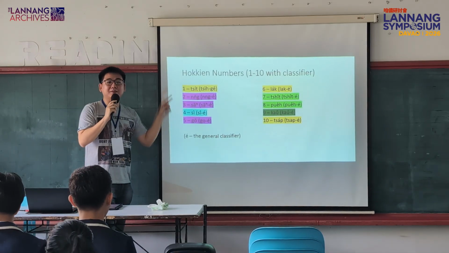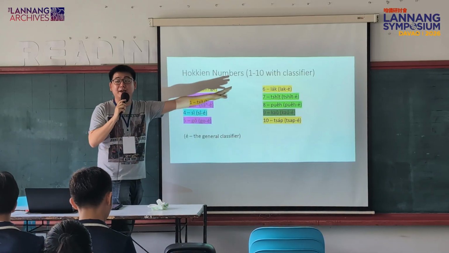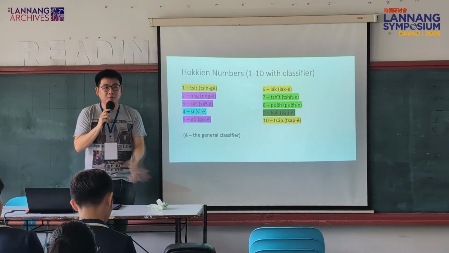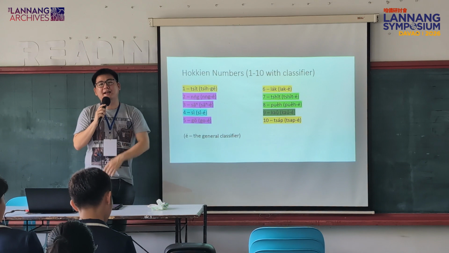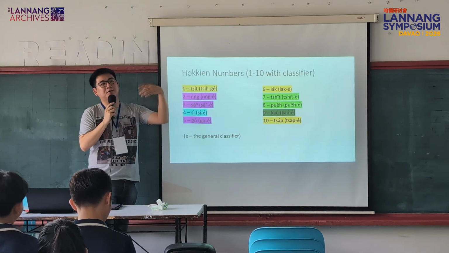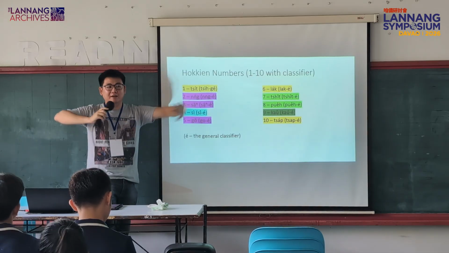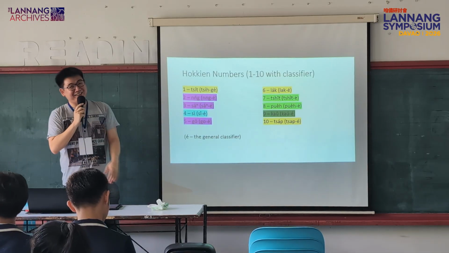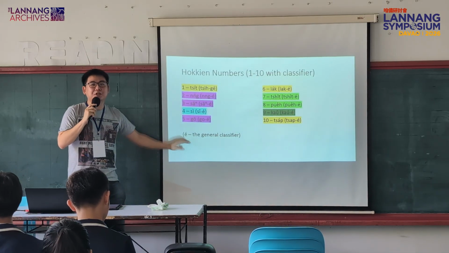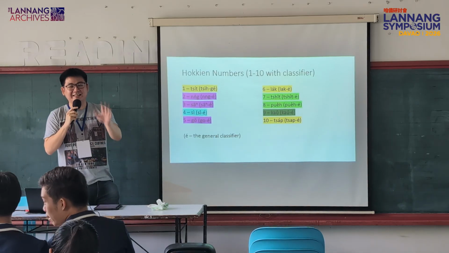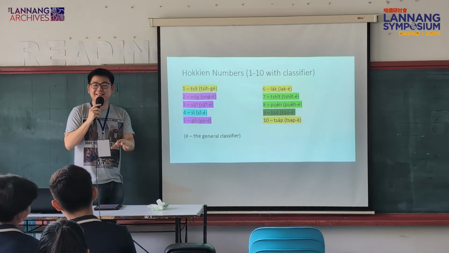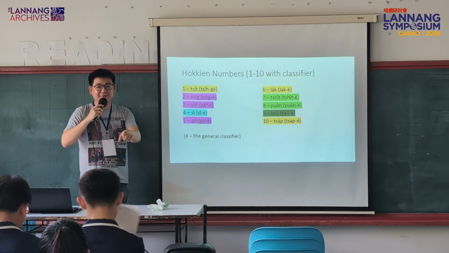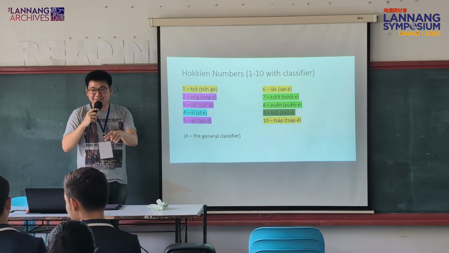So when we count things, we always need a classifier, and e is the most common one. There are many classifiers: for animals, for rooms, for small objects, for elongated objects, for everything. But if you use e, you will be understood that you're counting. You might use it wrongly and it might sound weird, but people will understand you. That's the important thing. That's what language is for: to be understood.